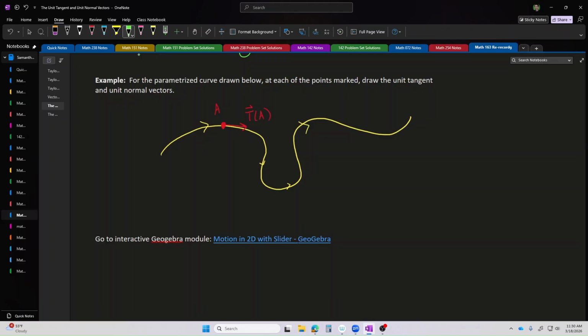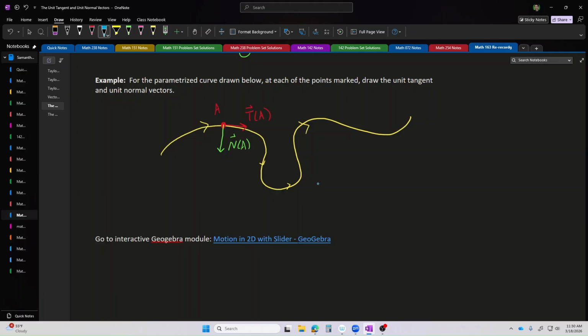And if I wanted to draw the normal vector at that same location, I would observe that at that moment the curve is beginning to bend downward in the negative y direction. So I would draw my unit normal vector pointing in the negative y direction, in the direction that the object is turning at that moment.